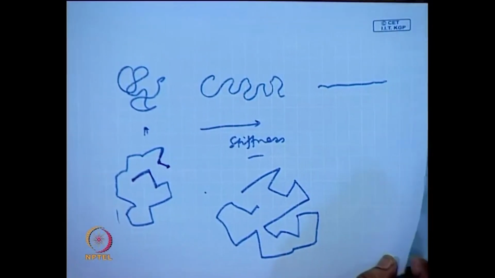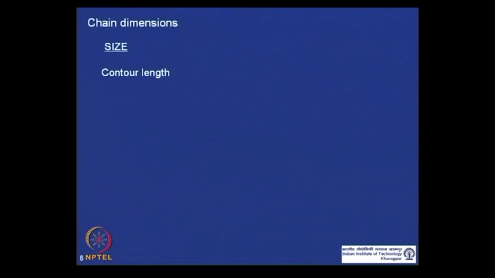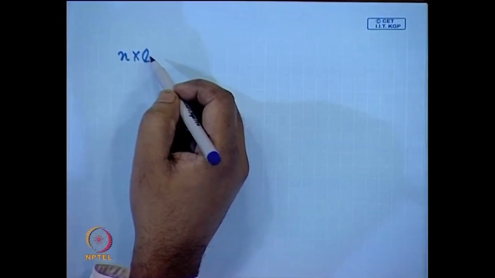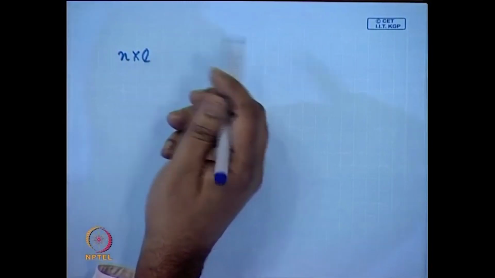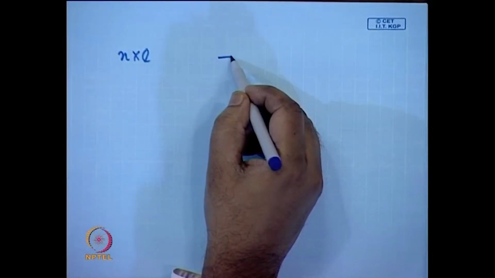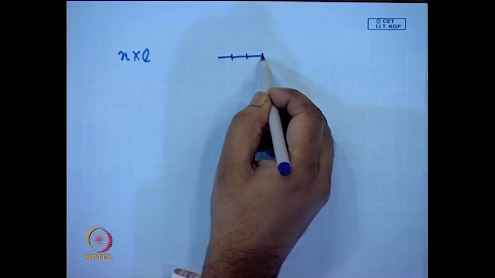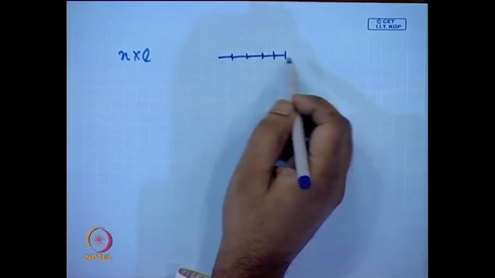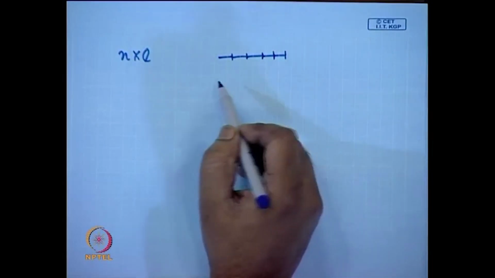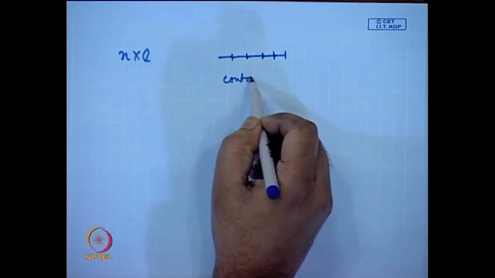Of course, one of the basic sizes is the contour length. Contour length is basically n multiplied by l, where n is the number of bonds and l is the length of each bond. So, basically if you arrange all the bonds one after another, the total length gives you the contour length.